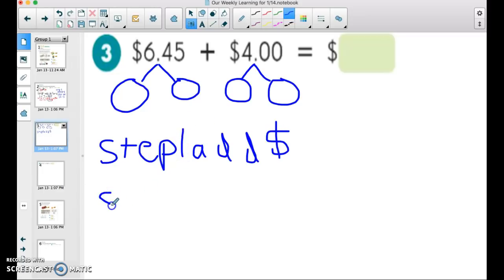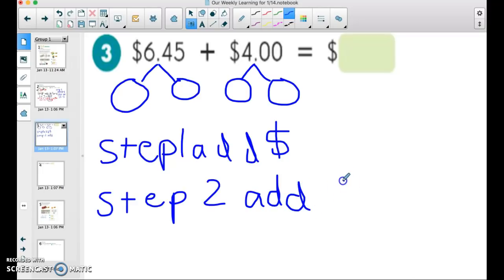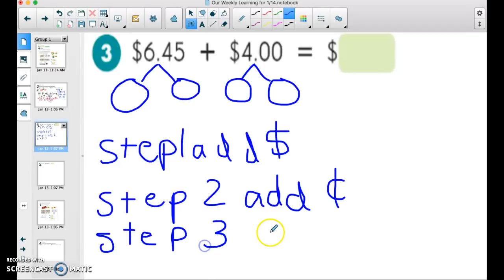Step 2, add your cents and get your amount. And then step 3 is to put them together. Add your dollars and your cents together. To get your total amount.